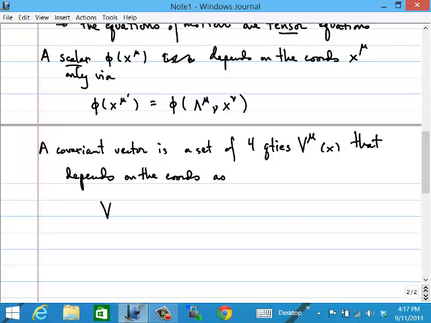In particular, if you write it in the new primed coordinates, then it will pick up a factor of this Lorentz transformation matrix.